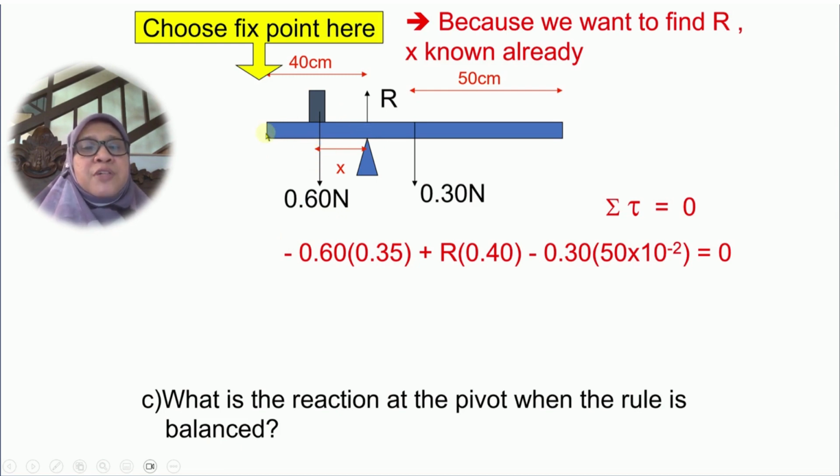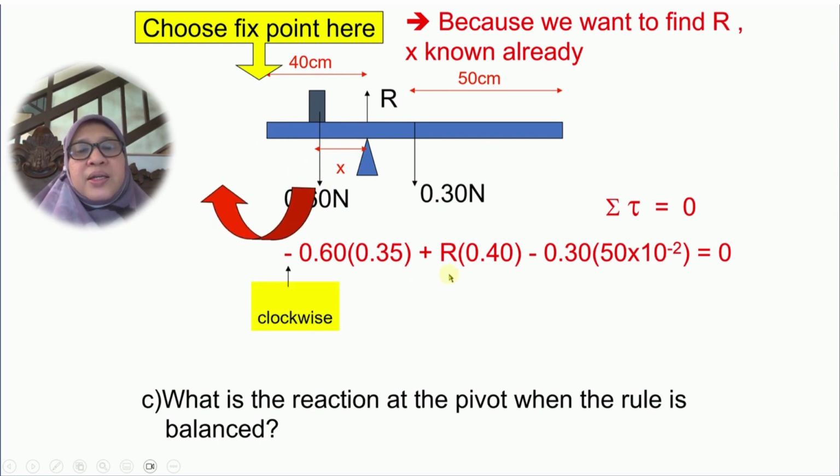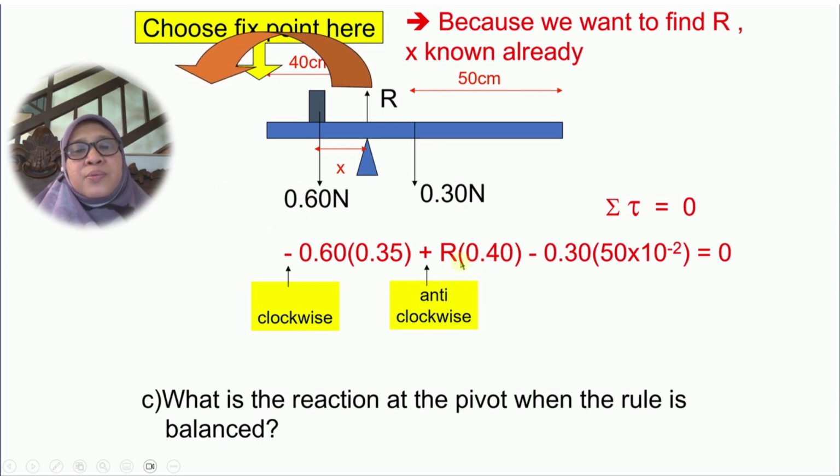Next, for R, which we don't know, we put plus R times 0.40, since the distance of R from the end of the ruler is 40 centimeters, converted to meters. Lastly 0.30, the sign is negative because it makes the ruler rotate clockwise. The distance from the fixed point at the end of the ruler is 50 centimeters, converted to meters.